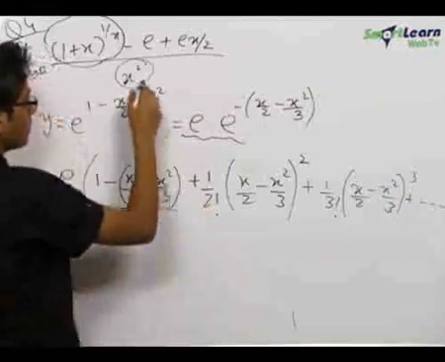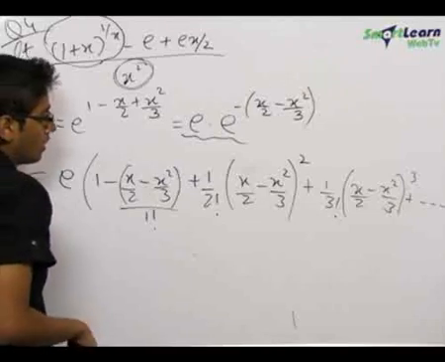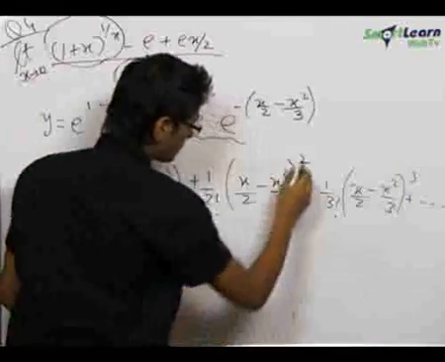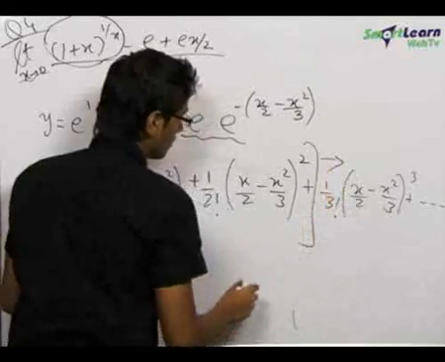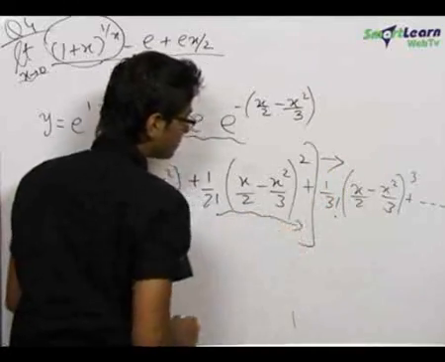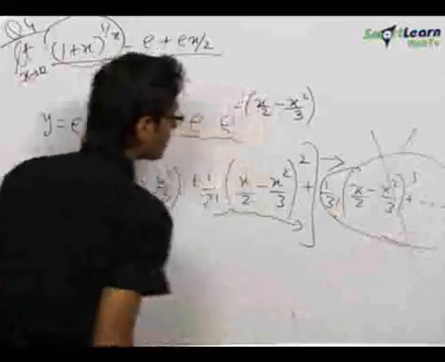Now we see in the denominator we have an x square term, and we are not getting an x square term from any term after this. So all these terms are useless for us, we don't require them.